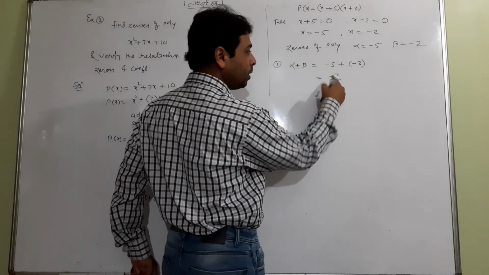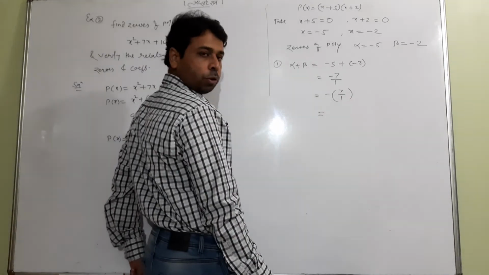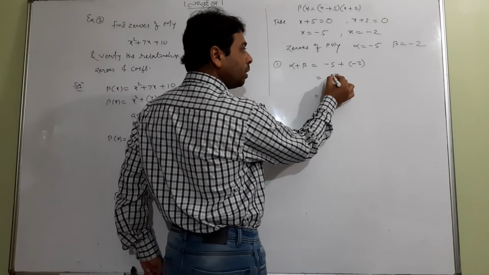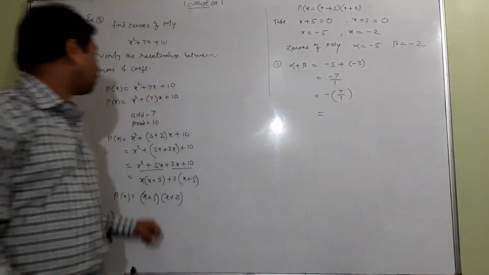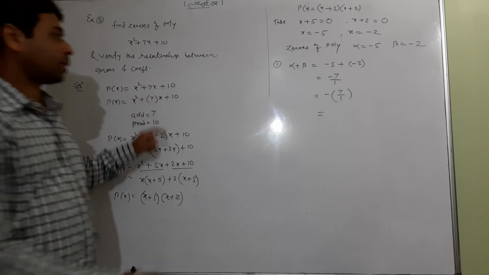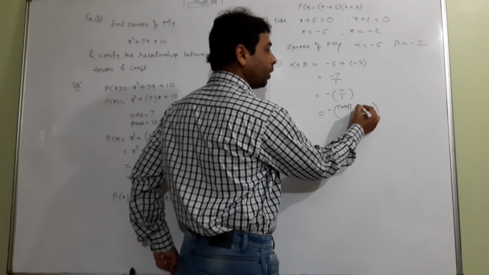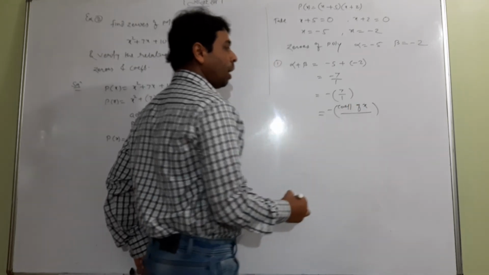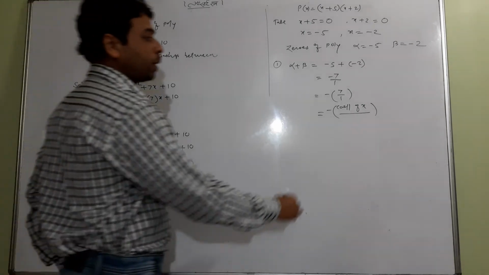It is minus sign, so write the minus sign first. This is 7 upon 1. So don't get surprised, we will not write minus 7, but only 7, because 7 is with plus sign. And 7 is the coefficient of x. So instead of that 7 I will write coefficient of x upon 1, and 1 is the coefficient of x square.